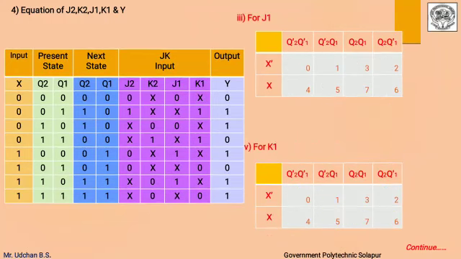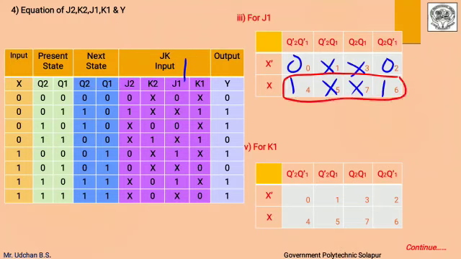Similarly enter the values of j1 in the K-map: 0, don't care, 0, don't care, 1, don't care, 1, don't care. Now here I can form a quad like this. With this I can write the equation of j1 as x.